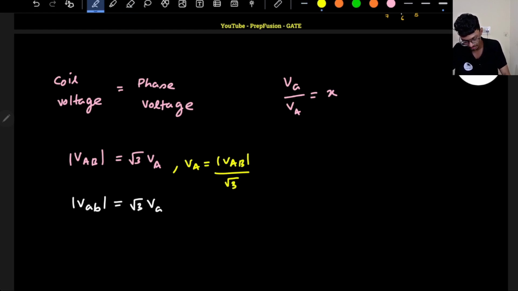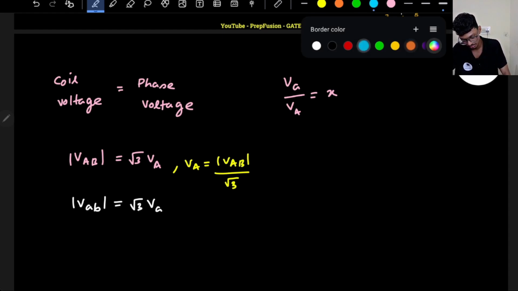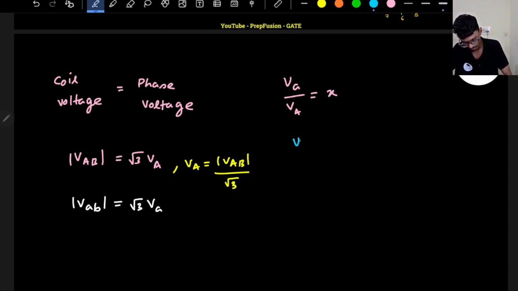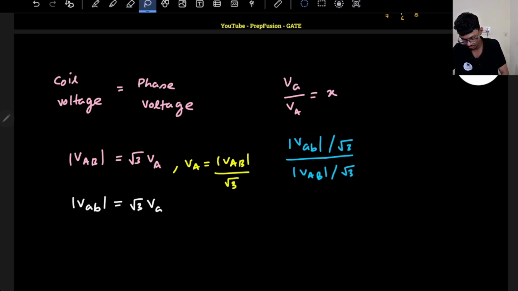So basically what is happening here is that small VA will be replaced with the VAB magnitude divided by root 3, and this will be replaced with the capital VAB magnitude divided by root 3. Okay, so this will be equal to x.